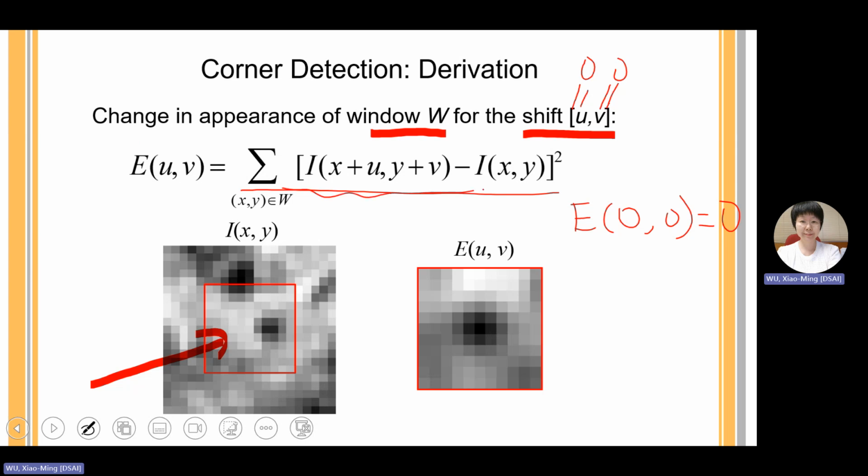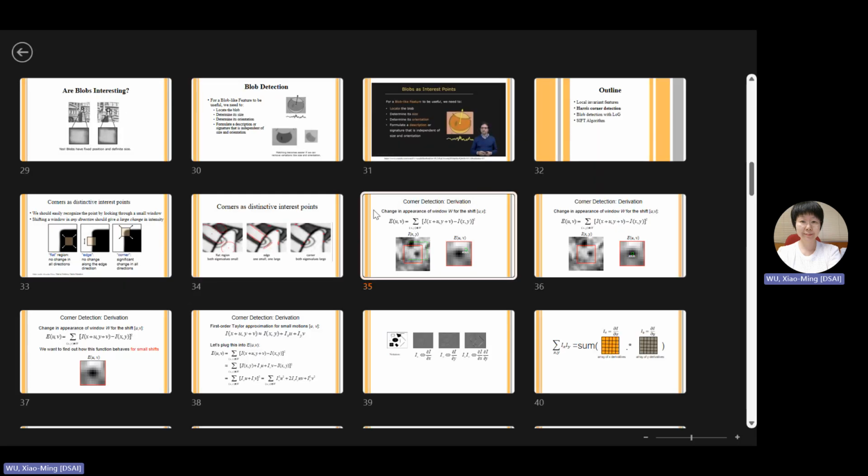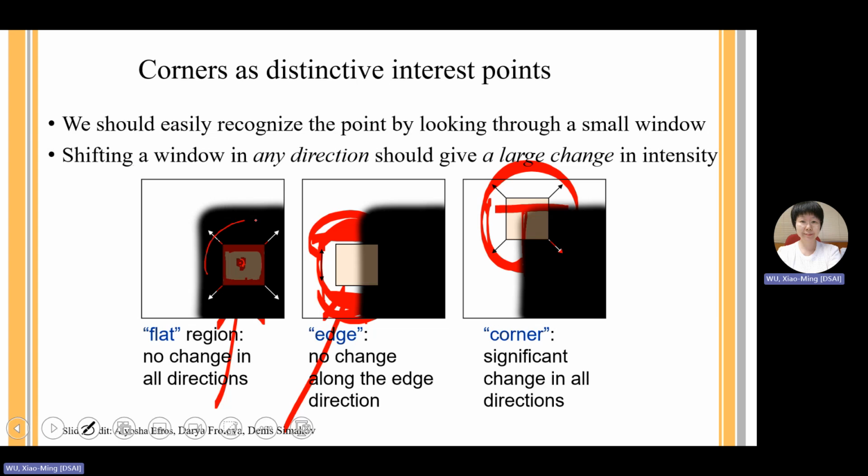What does it mean? Why do we want to shift the window by some small amount? Because we want to quantify the changes.